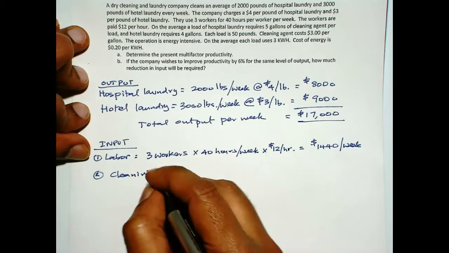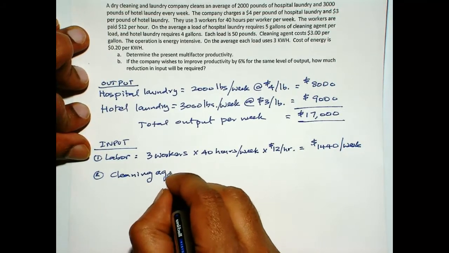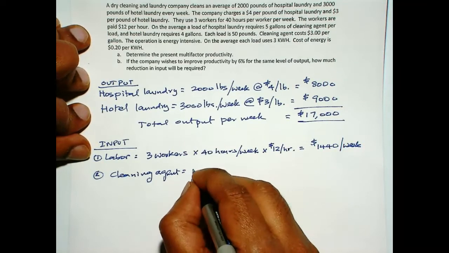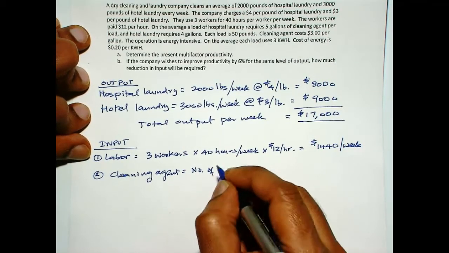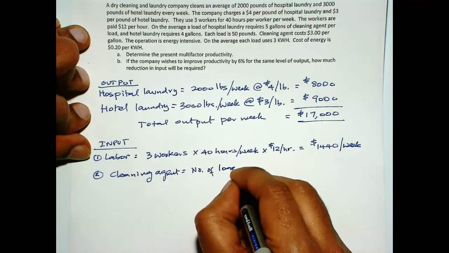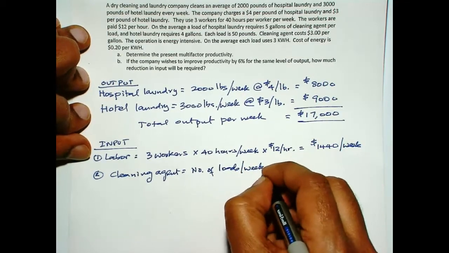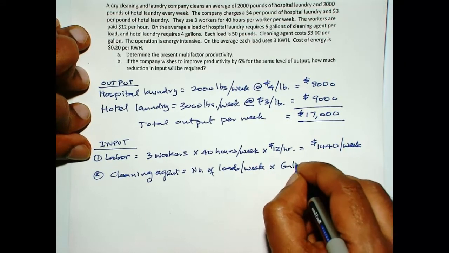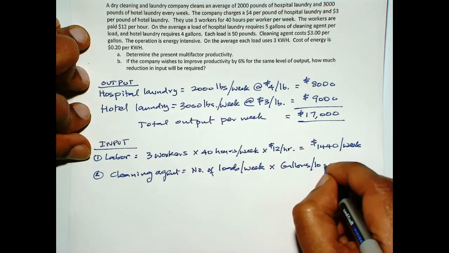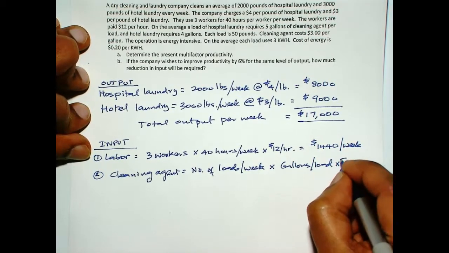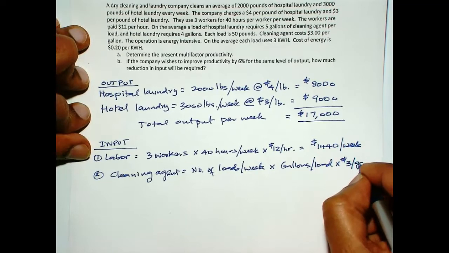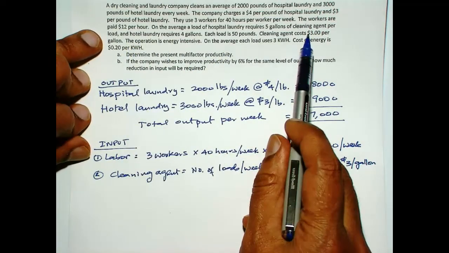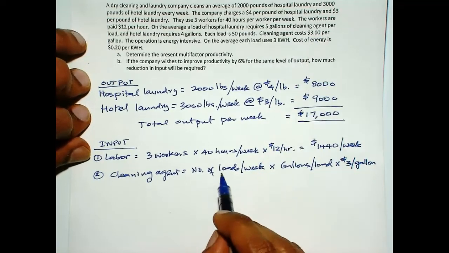So number of loads per week, times gallons per load, times $3 per gallon. $3 per gallon is the cost for the cleaning agent. So we have to first determine these two. So number of loads. Let's look at this for each product.